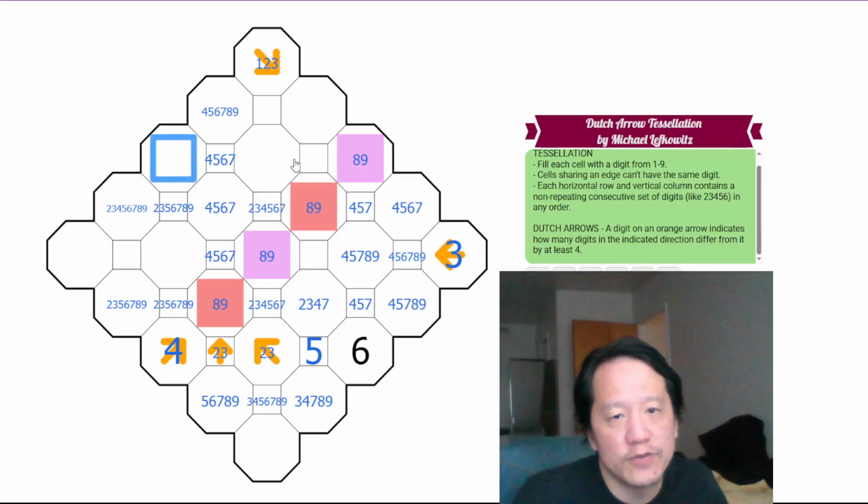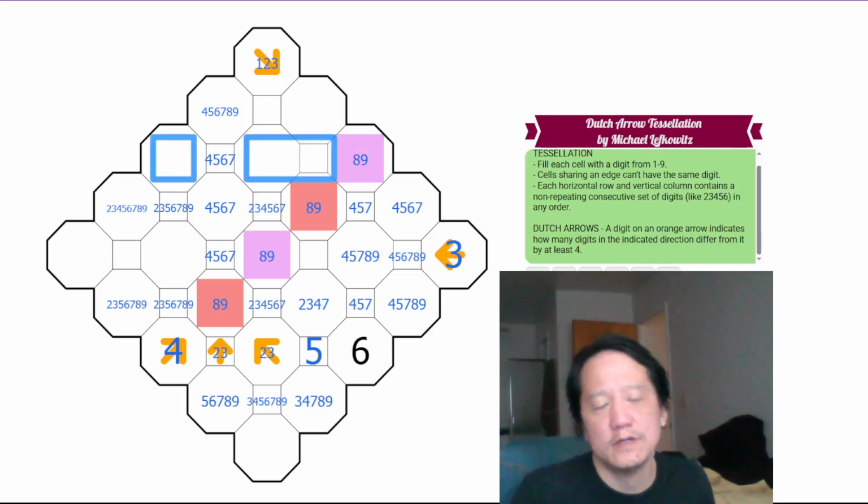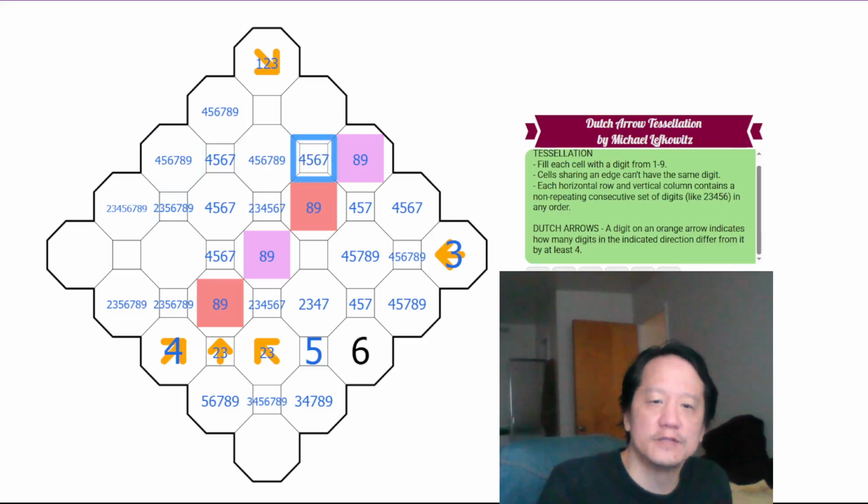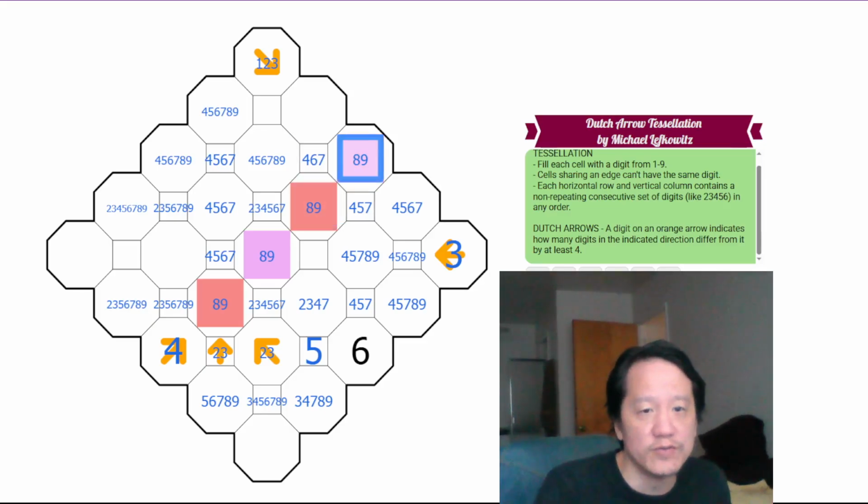These digits have to contain an 8 or 9. So then it can only be 4 through 8 or 5 through 9. Again, this can't be 8 or 9. It can't be 5. It can't be 8 or 9 because it shares an edge with both of these, or sees both of these, I should say.